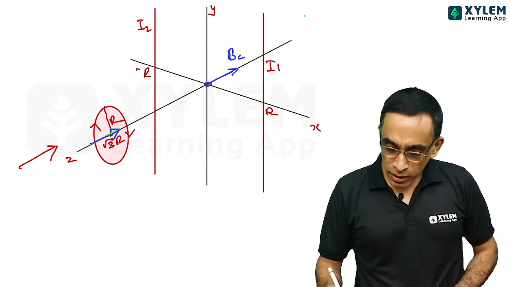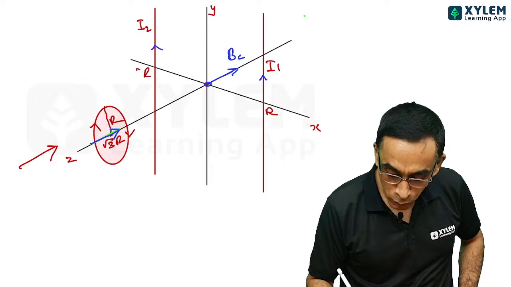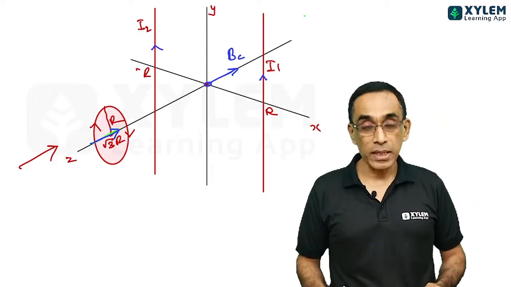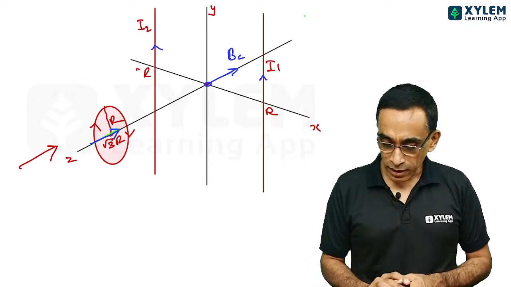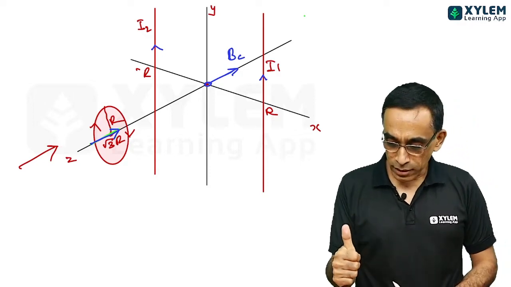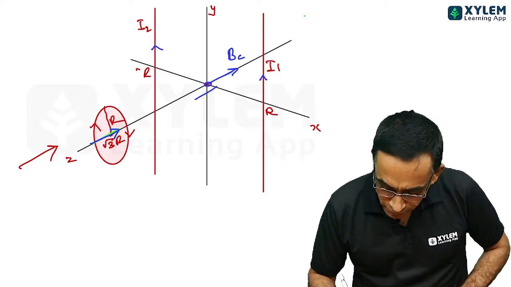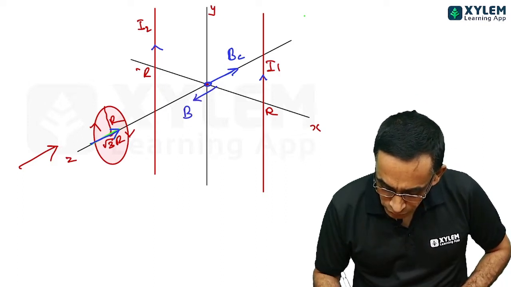Now, assume that the currents in the wires are in the upward direction. Both are positive currents. In that case, the field of the first wire, using the right hand rule, will be like this. This is B1 of the first wire.